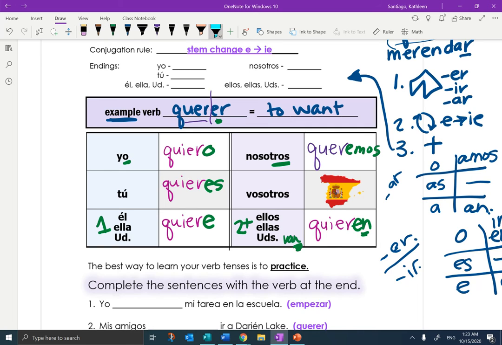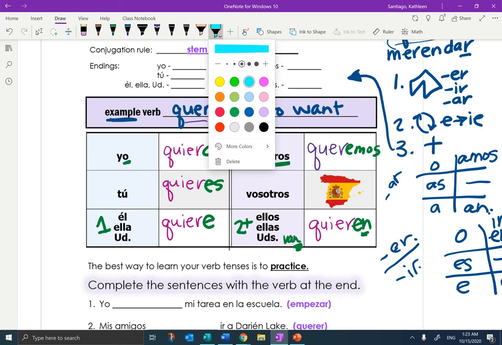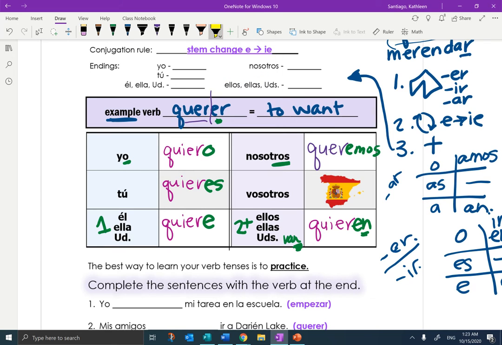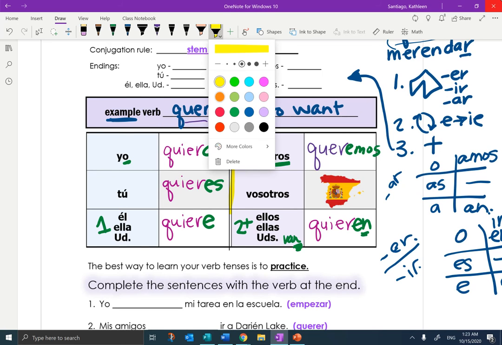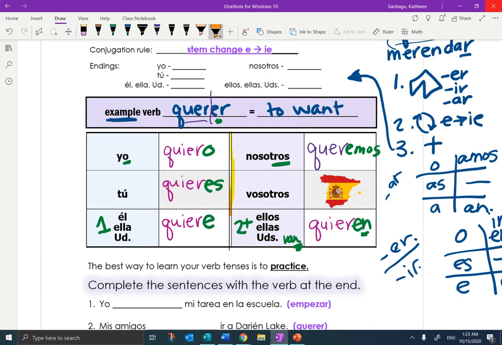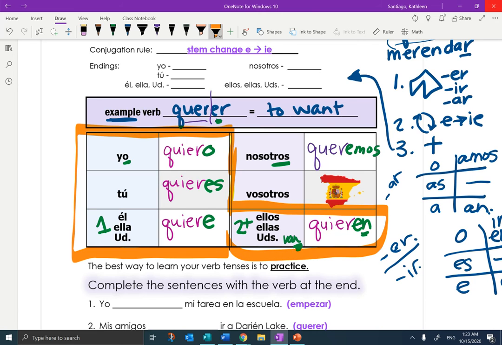Okay, so let's go ahead. I'm going to use the highlighter, and let's go with yellow this time. Ooh, that's hard to see. I'm going to highlight in orange. When I highlight in orange, you can see that I am drawing in the footwear.